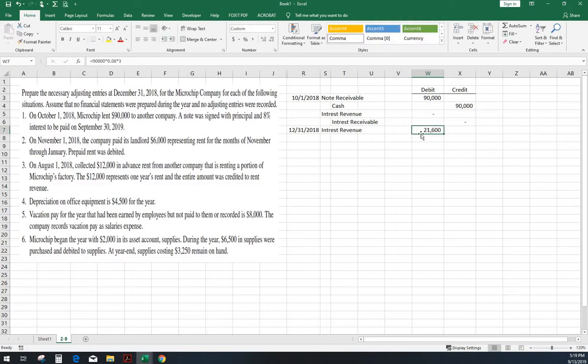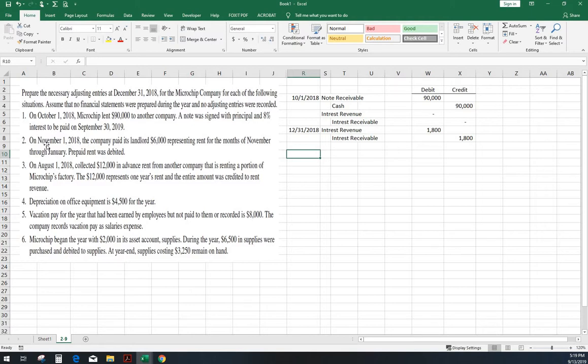Oh, wait a second, that can't be right. 3 months out of 12 possible months. So that's $1,800 of interest revenue. And then we got to update that interest receivable account to $1,800. So even though these two balances are zero right here, it's useful to create them in the beginning transaction, so that way you know to adjust them later on 12/31, and that will create your adjusting entry. For me, it helps to think of it that way.